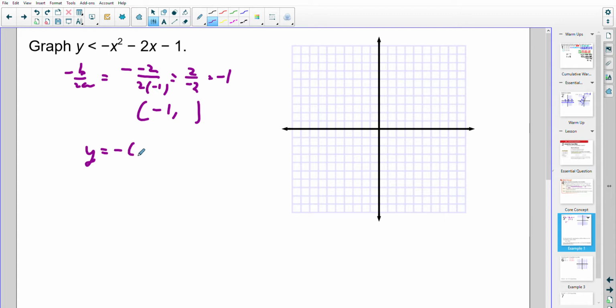Let's see, negative 1 squared becomes 1, negative 1 plus 2 minus 1, which is equal to 0. Therefore, the point is negative 1, 0, which is your intercept and your vertex.